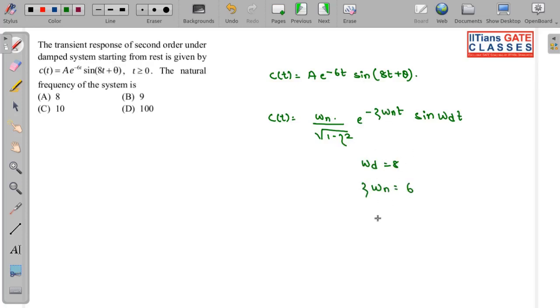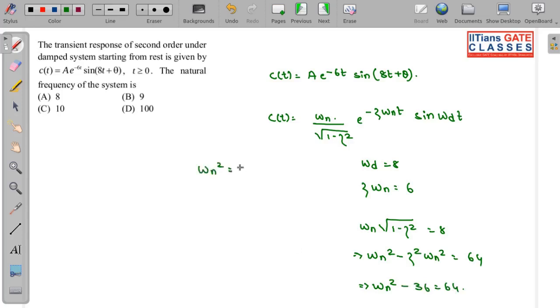So omega d is equal to omega n under root of 1 minus zeta square is equal to 8. Squaring both sides, omega n square minus zeta square omega n square is equal to 64. This value we have as 6, so this becomes omega n square minus 36 is equal to 64. So omega n square is equal to 100, or omega n is equal to 10 radian per second. Okay, so omega n we have over here is 10 radian per second.